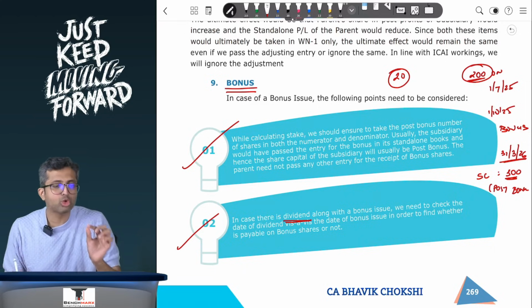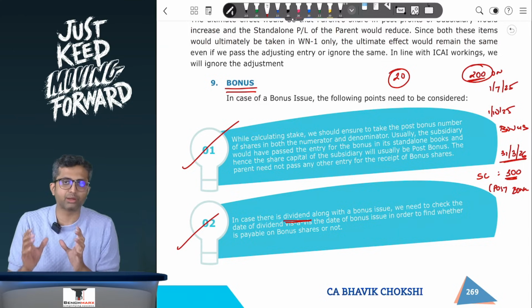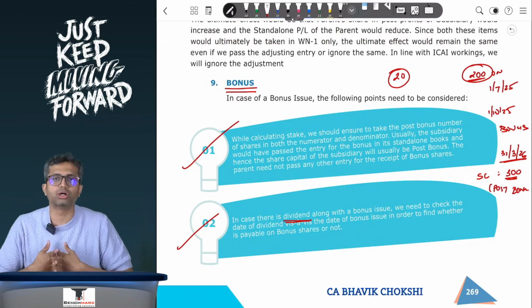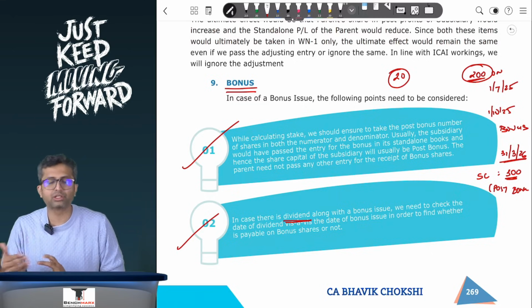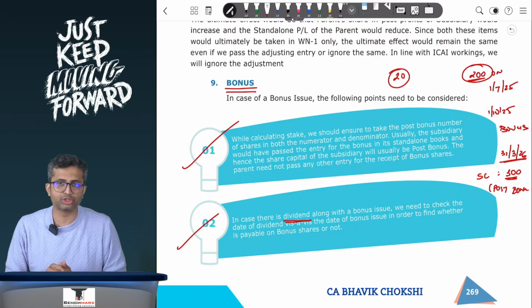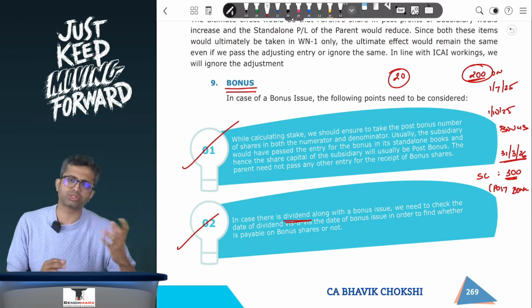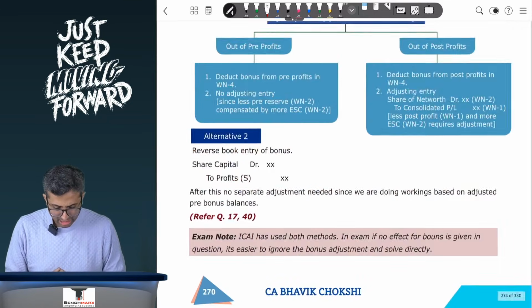So you'll have to look at the date of the dividend carefully and compare it with the date of bonus. If the dividend is given after the date of bonus, you will pay dividend on the post-bonus number of shares. If it is given before the date of bonus, you will give dividend on the pre-bonus number of shares.